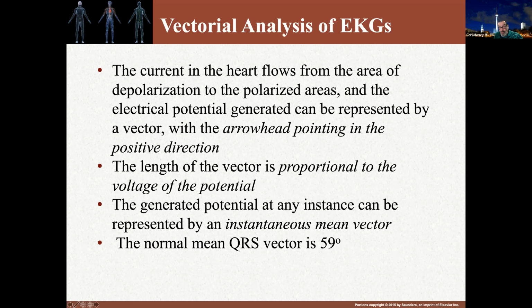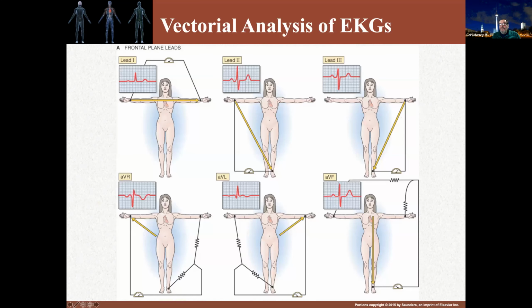And when we look at the normal heart, the instantaneous mean vector, determined by the QRS complex, is positive 59 degrees.